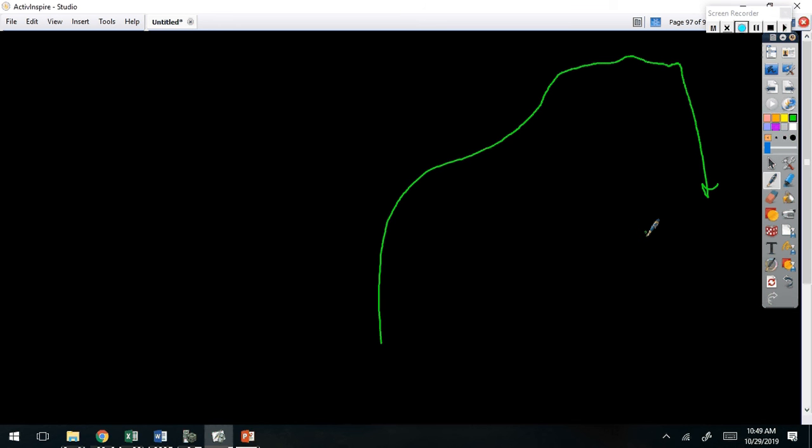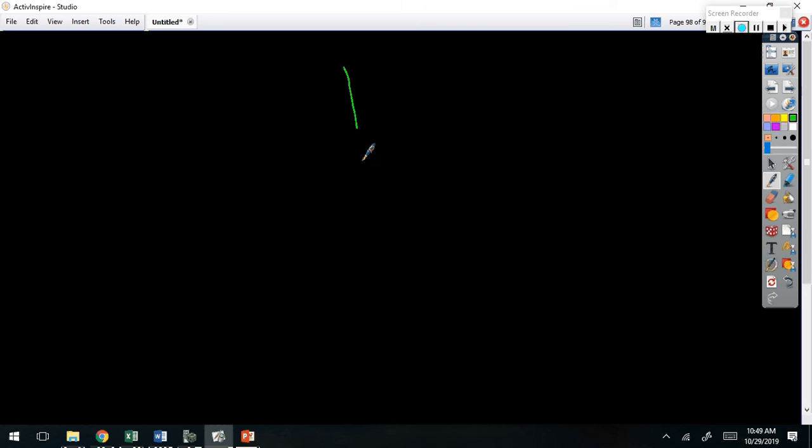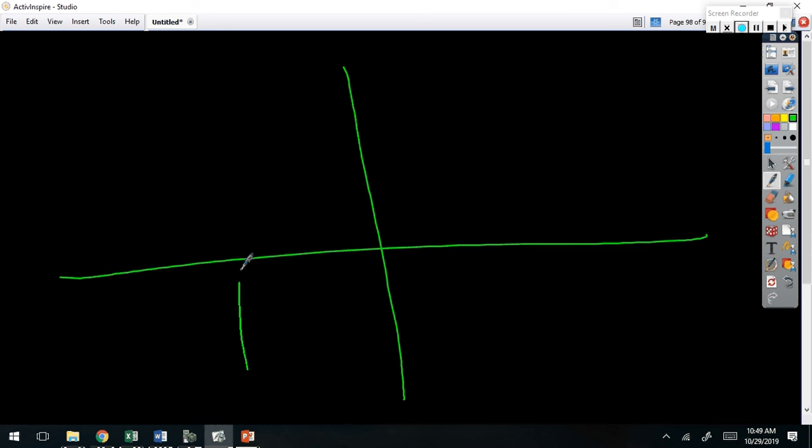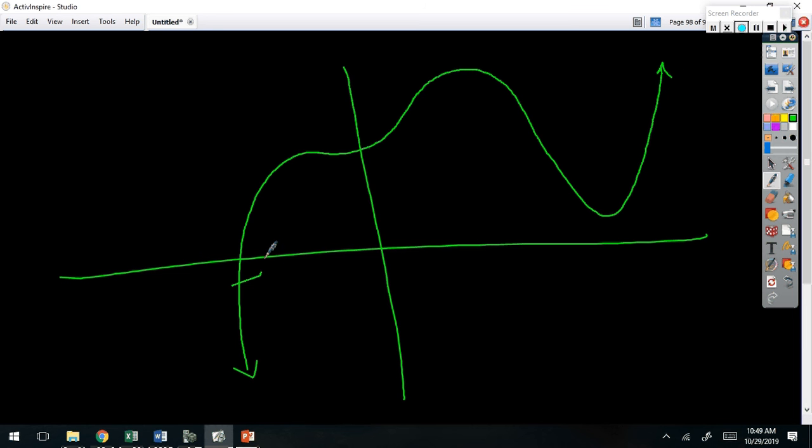But wouldn't it have an unlimited number of zeros because it goes up? No, because it may not go down far enough whenever it does that to actually cross. So it could just have one. But it's going to have at least one. Every odd degree is going to have at least one.